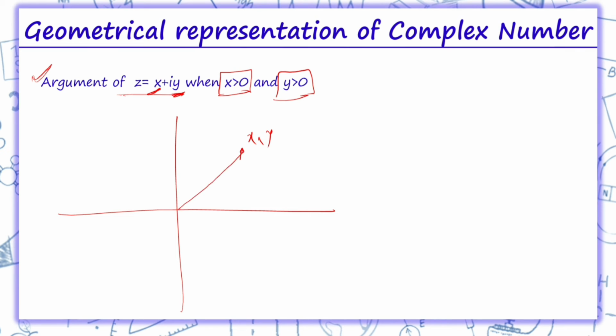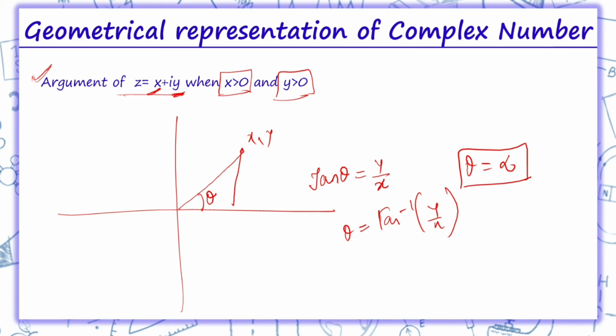So when they are lying in the first quadrant, this angle is theta, and we know tan theta is equals to y by x over here. So if x and y both are positive, the value of theta is given by tan inverse of y by x. Now over here this theta is only alpha.